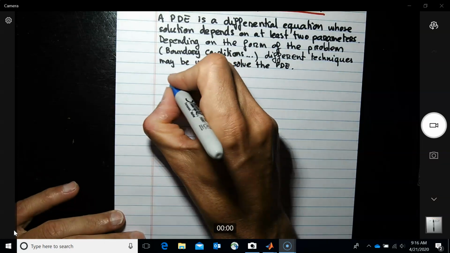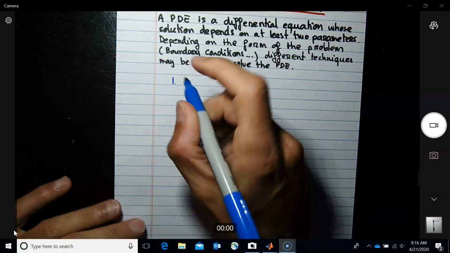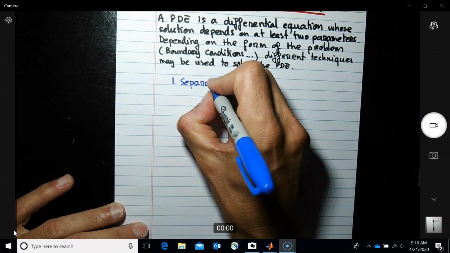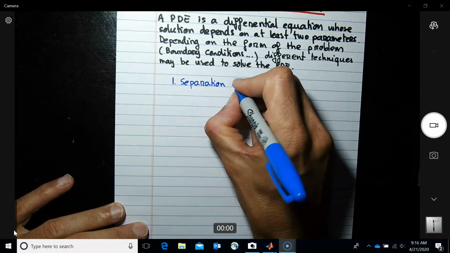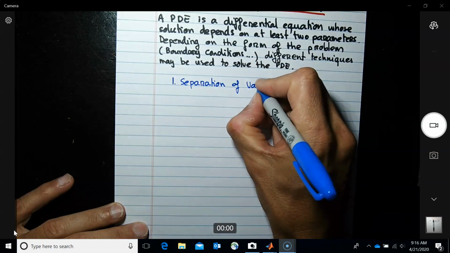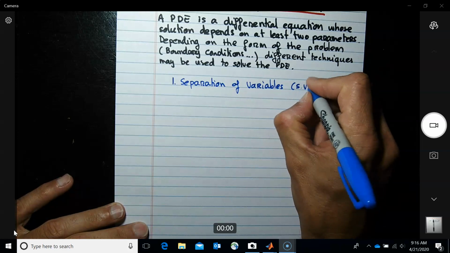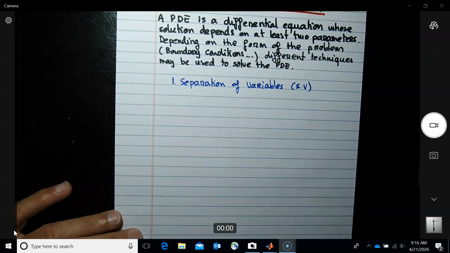So these methods are, the most common one, and that's the one we're going to cover today, is the separation of variables, SV.